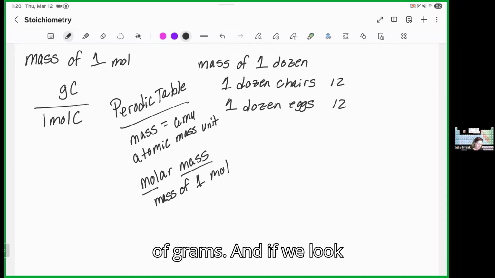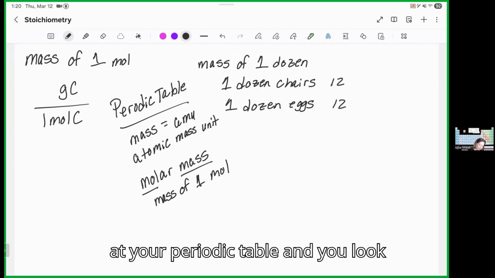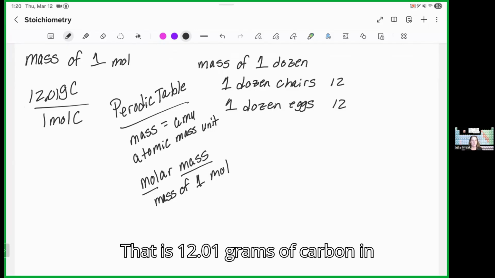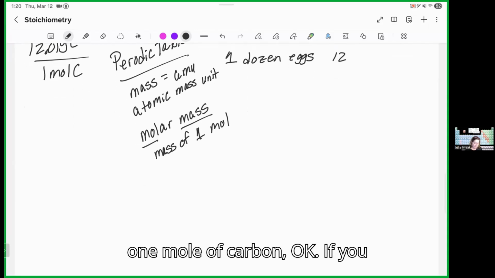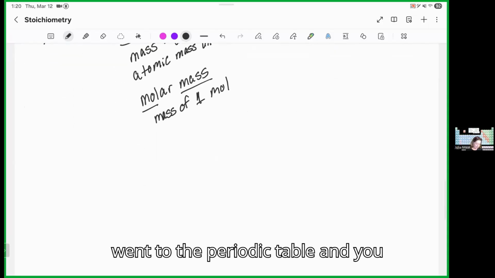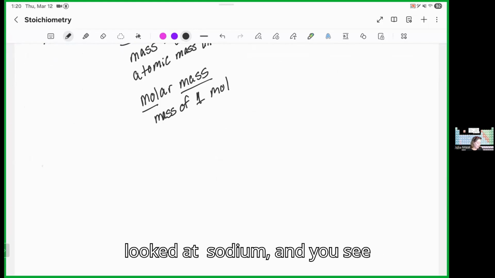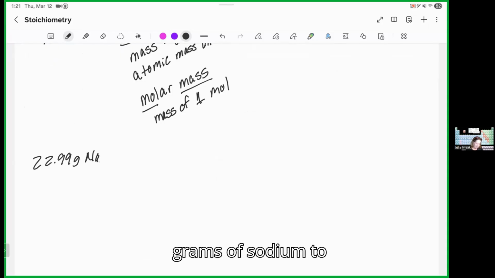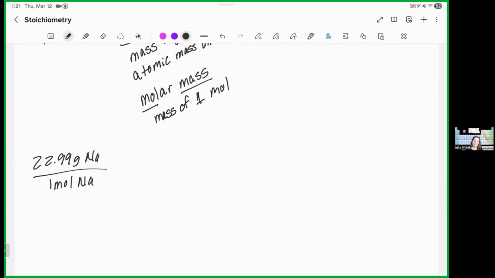So it's your number of grams. If we look at your periodic table and you look up carbon, carbon says it weighs 12.01. That is 12.01 grams of carbon in 1 mole of carbon. If you went to the periodic table and you looked at sodium, and you see that it's 22.99, so I have 22.99 grams of sodium to 1 mole of sodium.